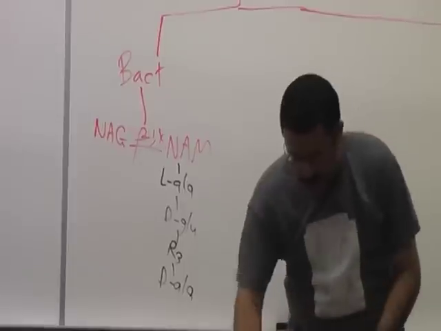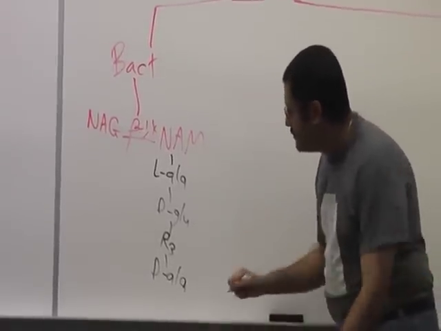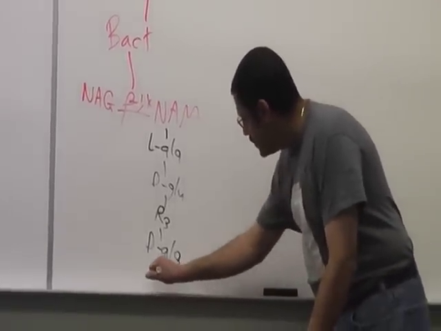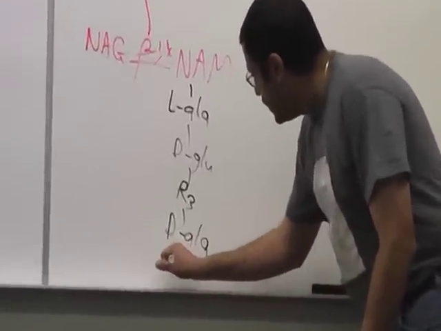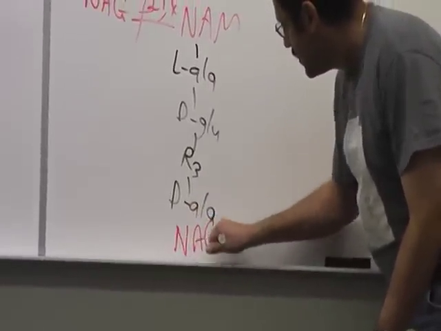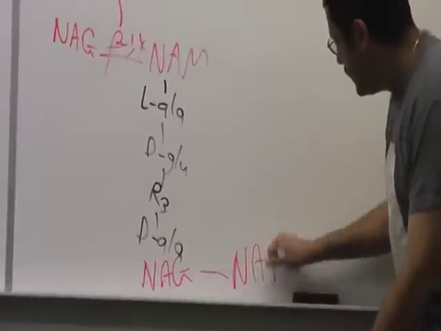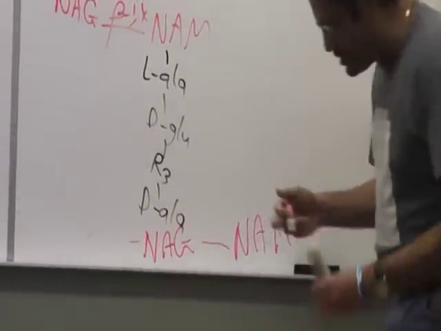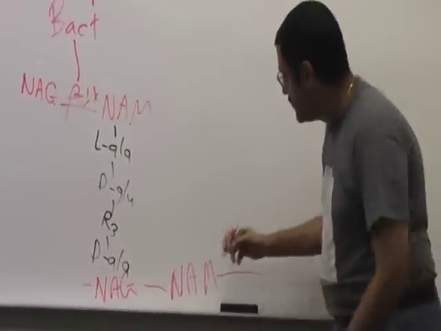Let's draw it here. You have NAG, NAM, another one. You would have the 4 amino acids coming out of it this way.